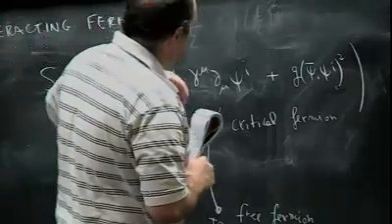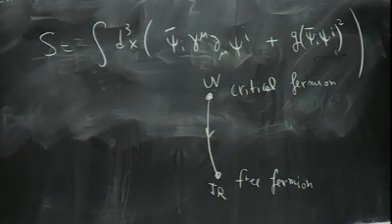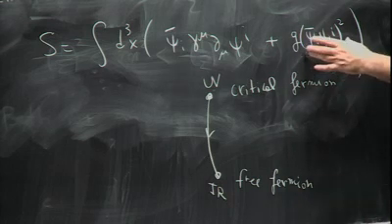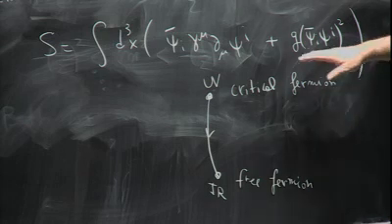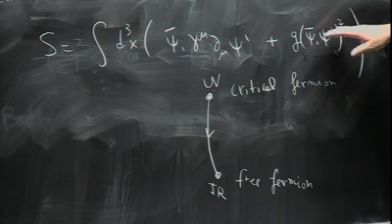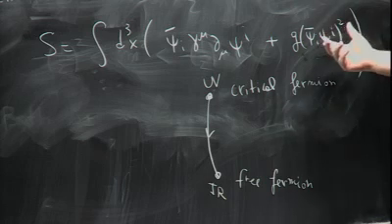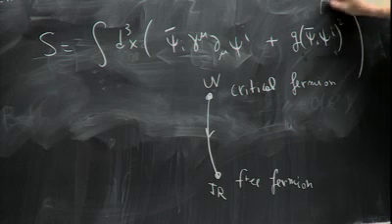But if you treat this theory in the large N expansion, then things are very analogous to what I did before for the scalar theory. But you have to keep in mind that this is an irrelevant operator now. So what you're supposed to do is actually take the large momentum limit, not the small momentum limit. So as I did before, you can study this quartic interaction by introducing an auxiliary field, and then that auxiliary field is related to the psi bar psi operator, and you do the same thing, but you have to take a large momentum limit instead of low momentum limit, because this is irrelevant.